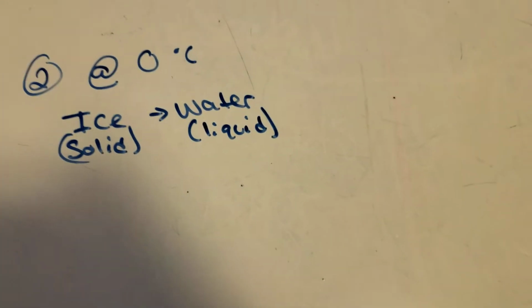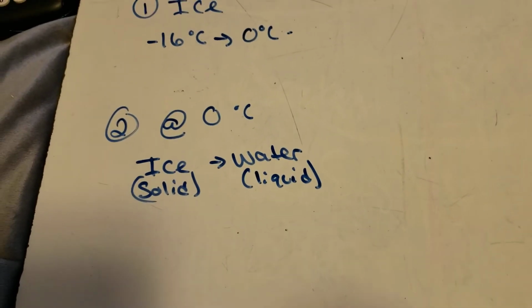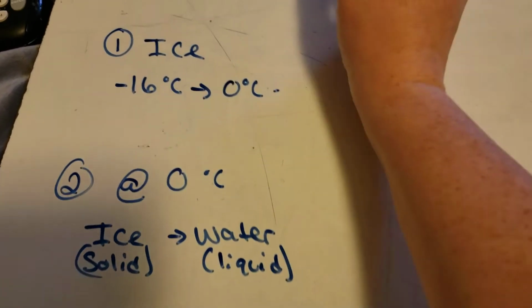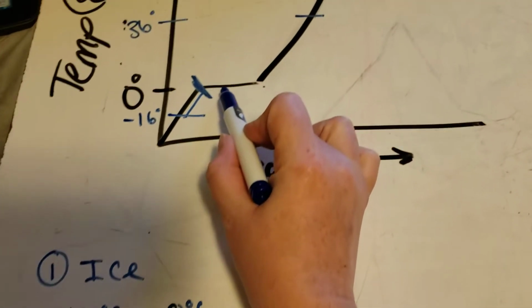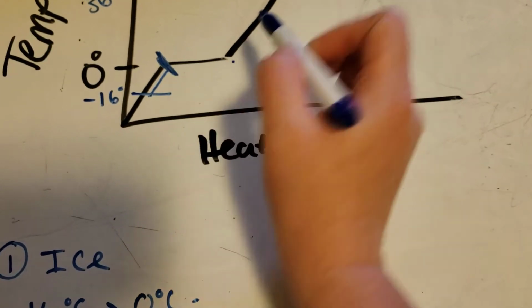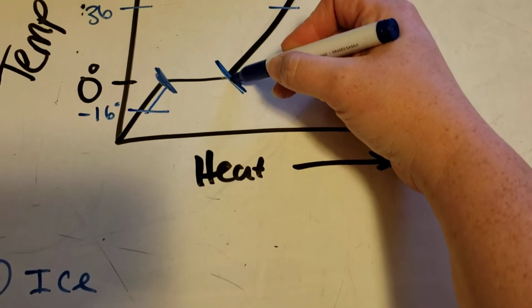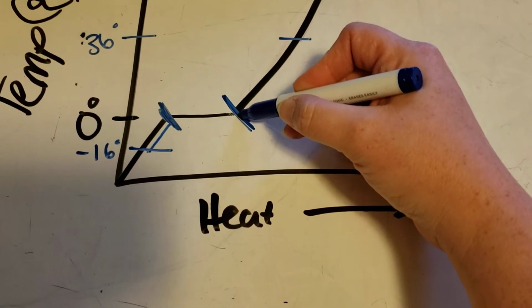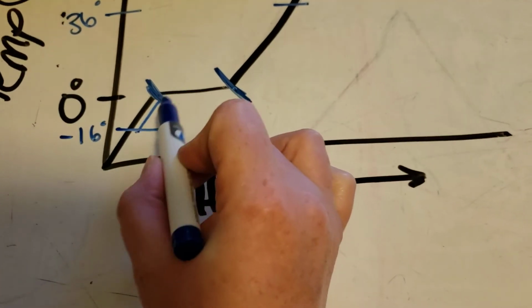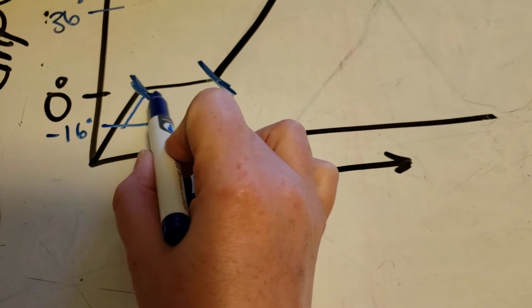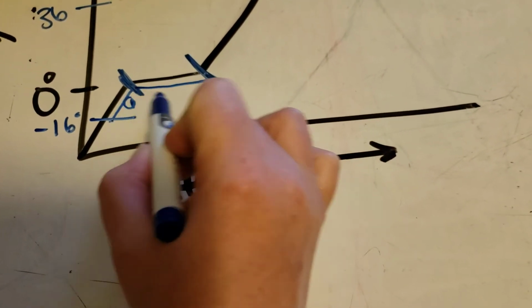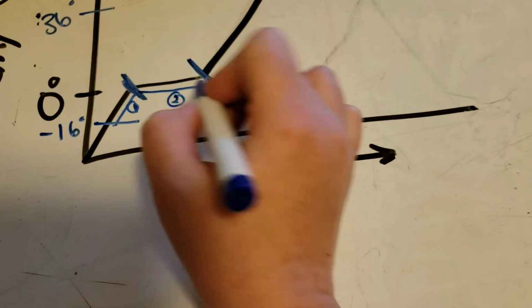So that means I have my phase change. That's going from here to this corner. At this corner, I no longer am a solid, but now I am 100% a liquid. So here's my number 1, and I'll put a 2 right there.